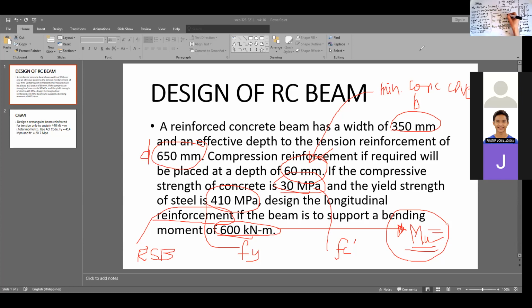So that means the maximum steel concrete ratio that we have is 0.85 times 30 times 0.85 times 600 times 0.75 over 600 plus 410. 0.0236.